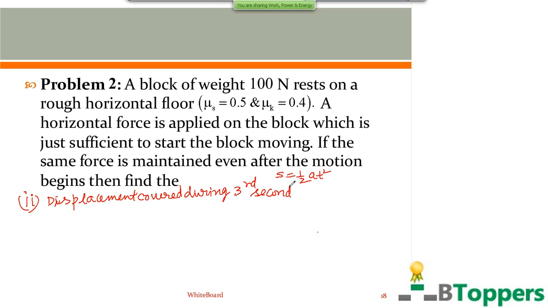The body starts from rest and moves with constant acceleration, so the magnitude of the displacement covered in time t is s equal to half a t square. Displacement covered in the third second is equal to the displacement covered in 3 seconds minus the displacement covered in 2 seconds.